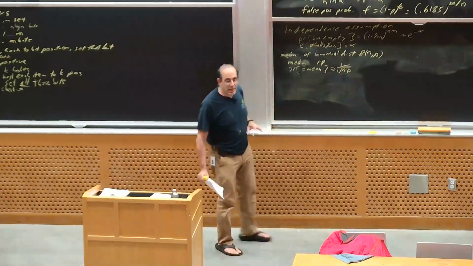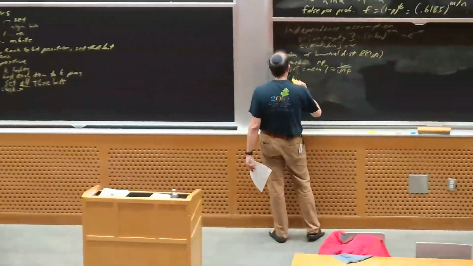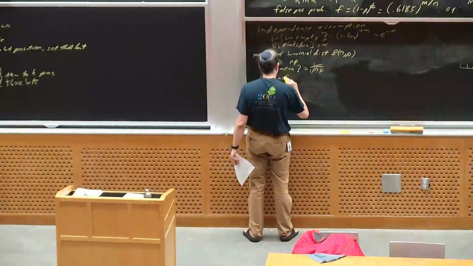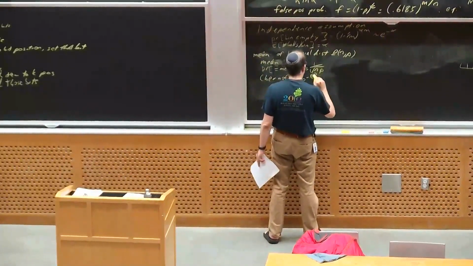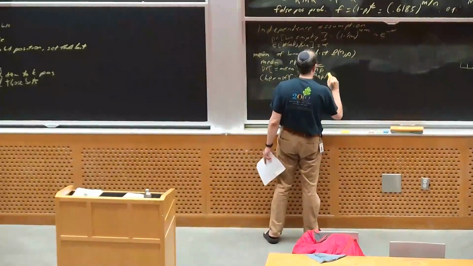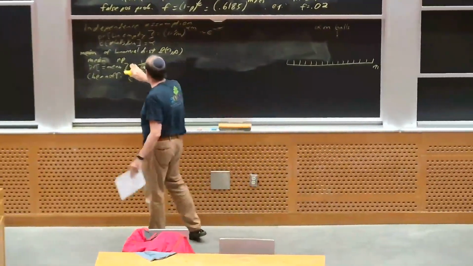And actually, in a sense, we already proved this, because we know from the Chernoff bound that we have e to the minus epsilon squared times mean divided by 3.